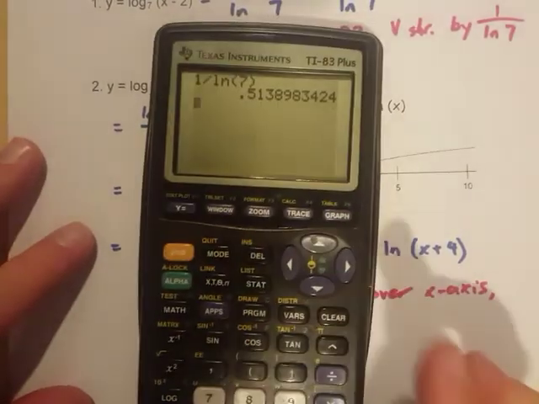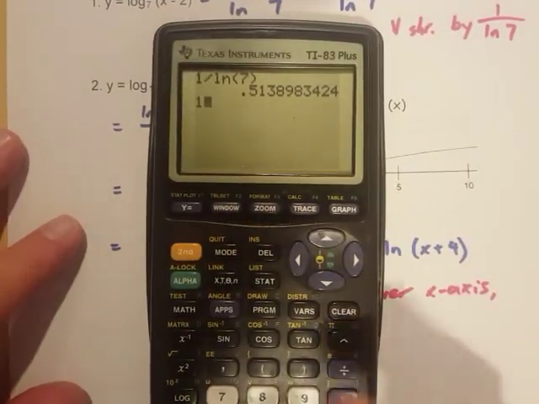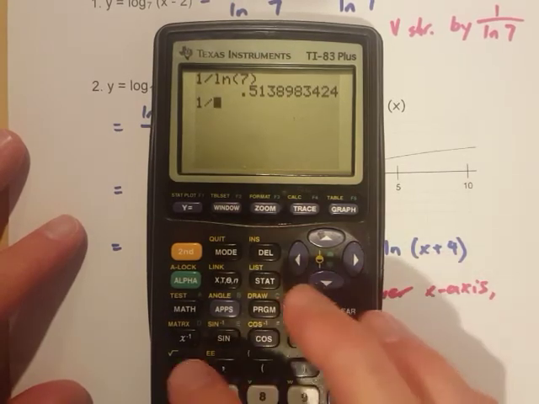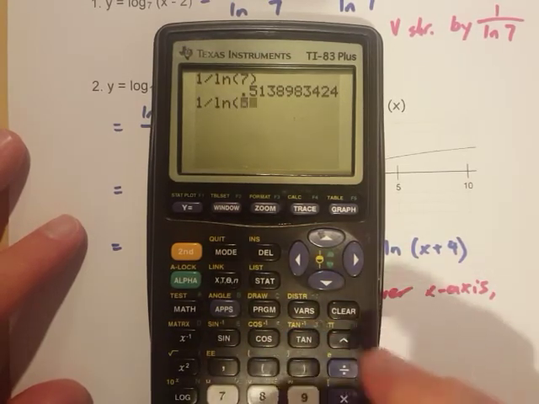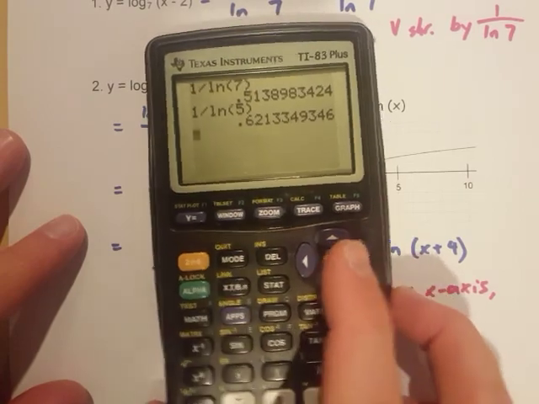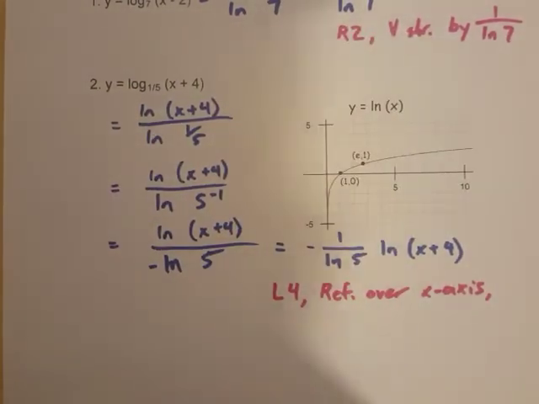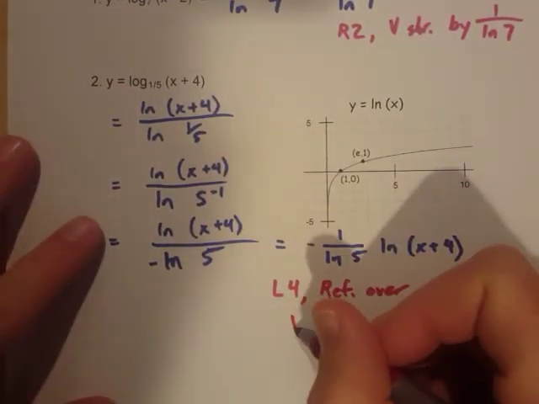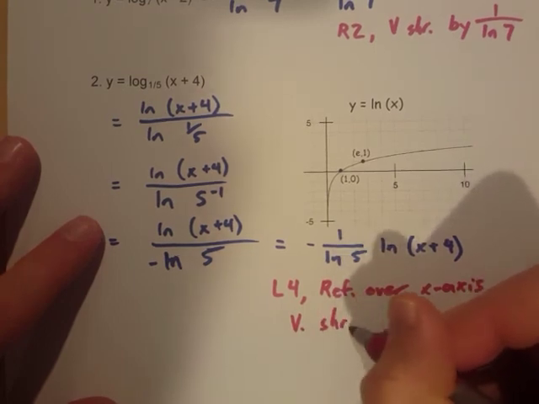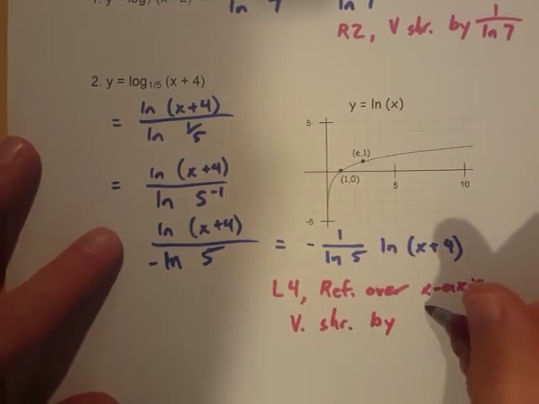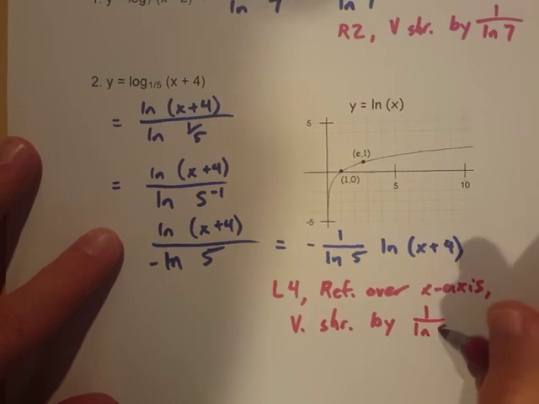Now, we're probably expecting it to be less than 1 because of our previous example, but just check it to make sure. 1 over ln 5 is 0.62. So yes, that one is also a vertical shrink. So a vertical shrink by a factor of 1 over ln 5.